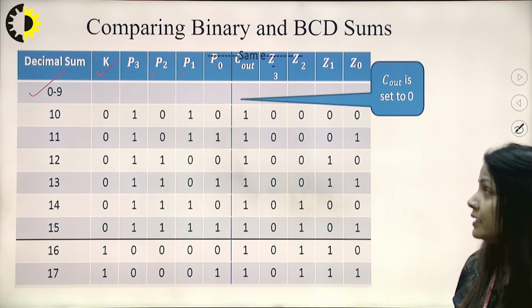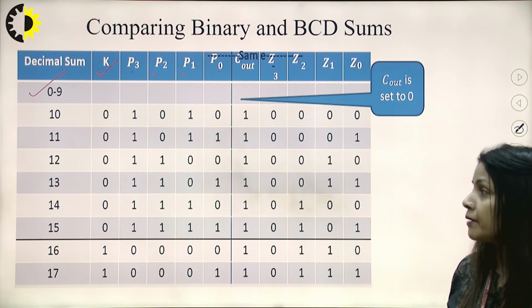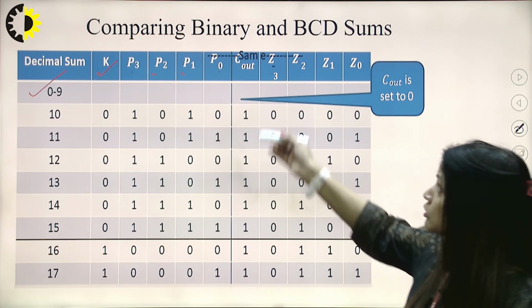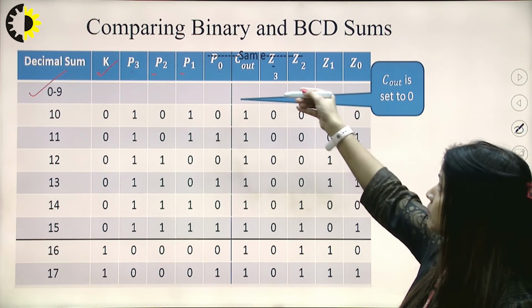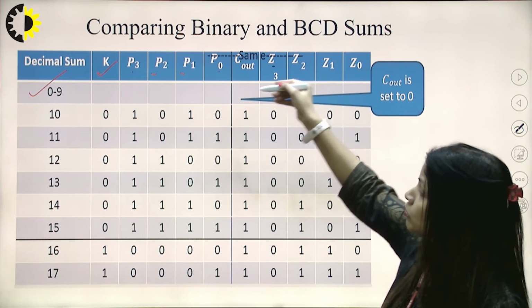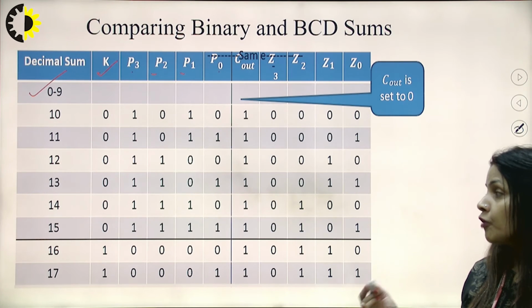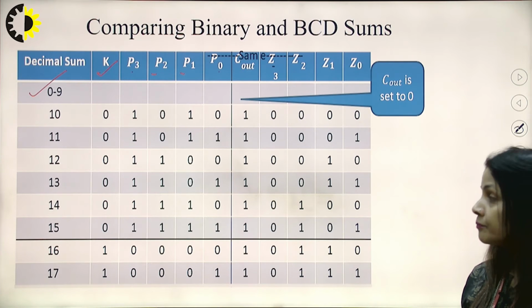By applying the corrective action, we can have a C out also, and that is the sum Z0, Z1, Z2, Z3. Okay, so what needs to be done here?